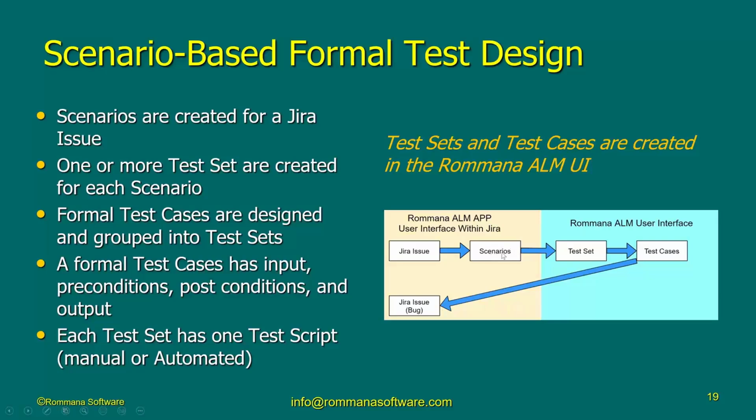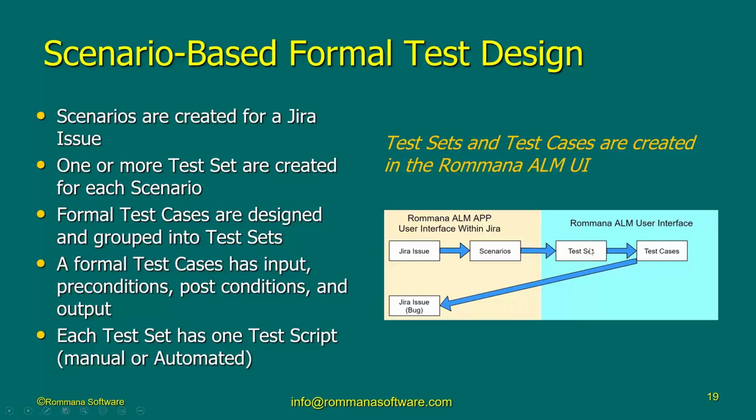But if you want to click on a scenario to create a formal test set and the formal test cases, you would have to move to the Rommana ALM user interface. You don't have to worry about it because the app will take you there, except at this point you will be presented with the security screen to tell you that you are leaving this app, you're going to the Rommana ALM user interface, and you will just accept the change.